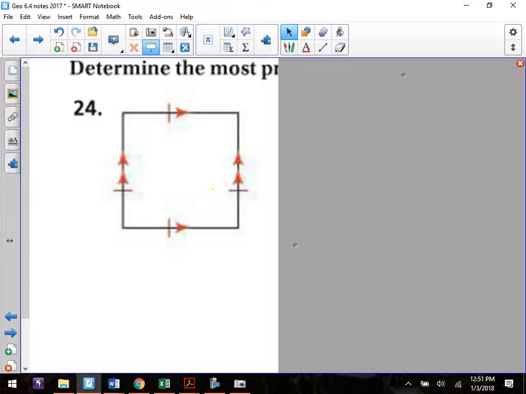The arrows show that the opposite sides are parallel. The tick marks show that all four sides are congruent. But do you see anywhere in there right angles? No. Can you assume that they're there? No. You cannot assume anything when you're working with these diagrams. You cannot do that. Okay? So the most specific name here is the fact that it has to be a rhombus.